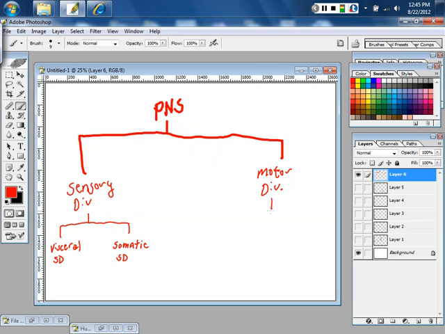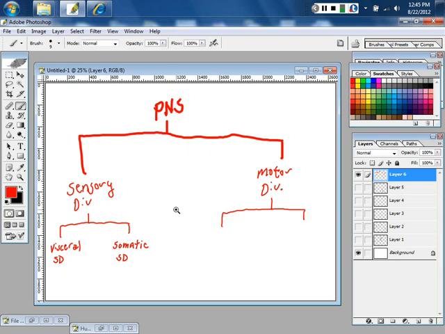So the motor division itself has 2 components. There is a motor division that tells the organs to do something. It tells your heart to start pumping more blood, or tells your kidneys to start producing more urine, or it tells your stomach to start digesting more food.